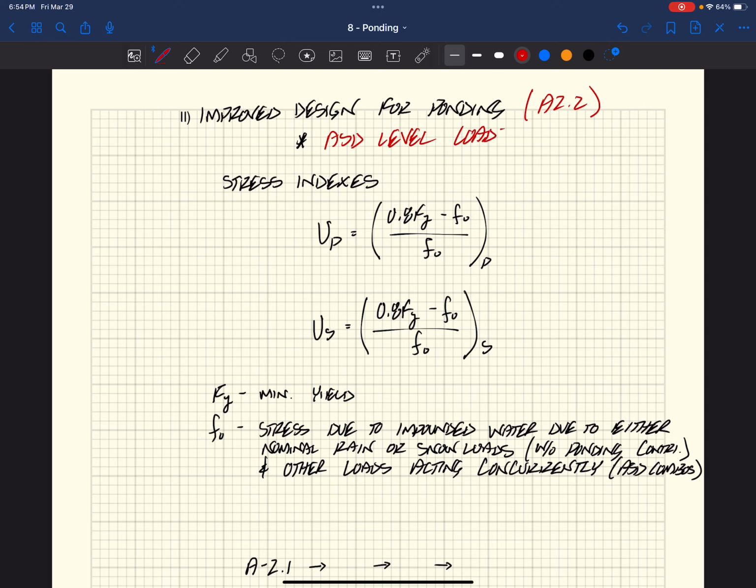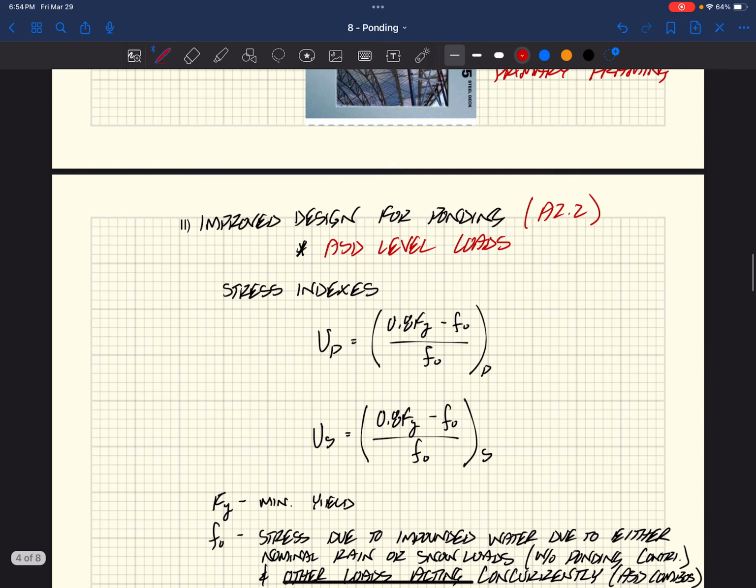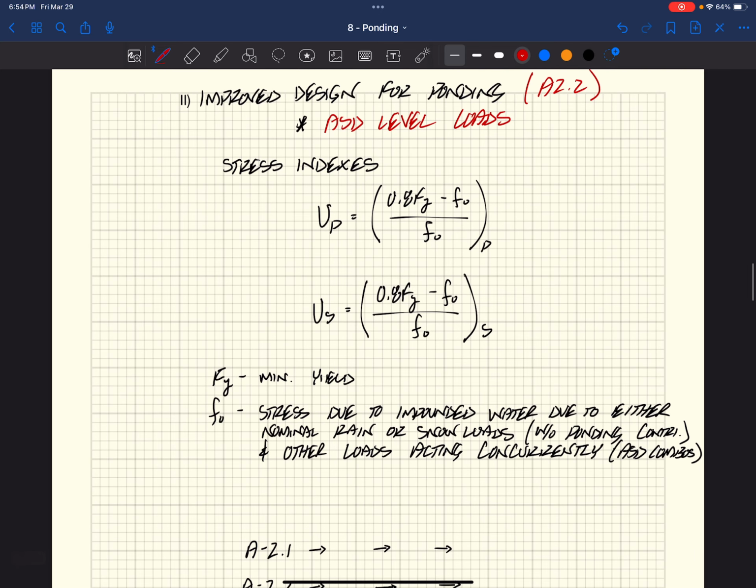That is not a huge deal for the simplified because there really isn't any implications relative to loads. But it does come into play when we talk about improved design for ponding, because now we have to worry about the stress due to the impounded water, right? So F naught. What they end up doing in the improved design is they give us these stress indexes.